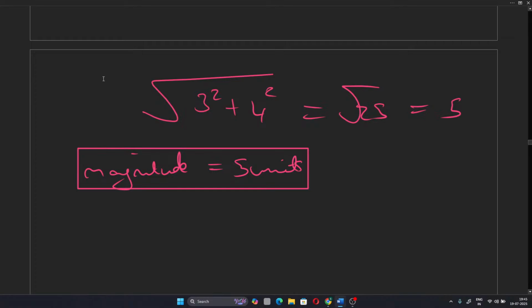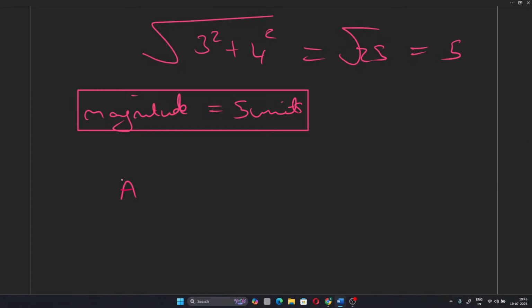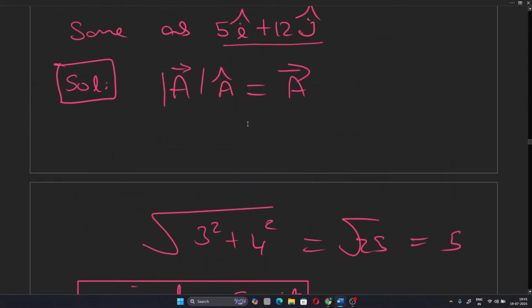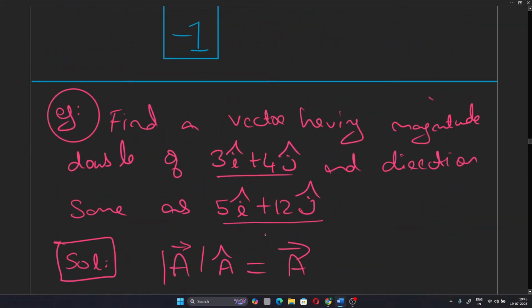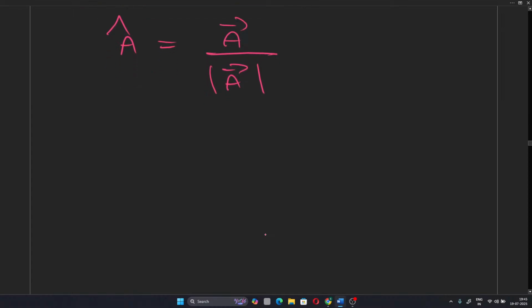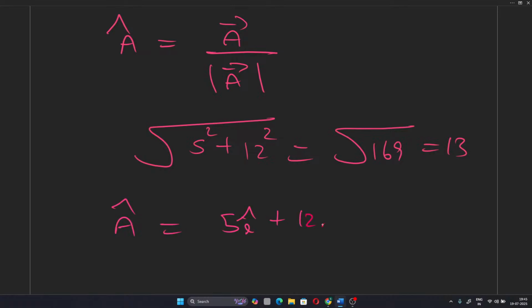Now to find the unit vector, A cap equals A vector by magnitude of A vector. For the magnitude of 5i plus 12j, we get root 5 square plus 12 square, which is root of 169, which is 13. So A cap equals 5i cap plus 12j cap whole by 13, which is the unit vector.